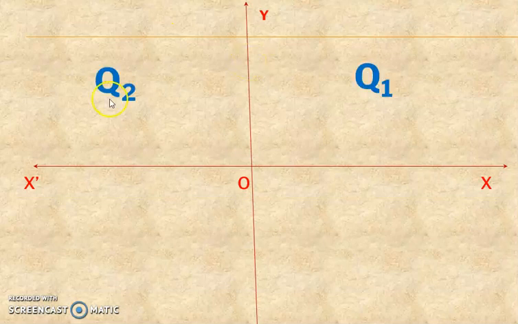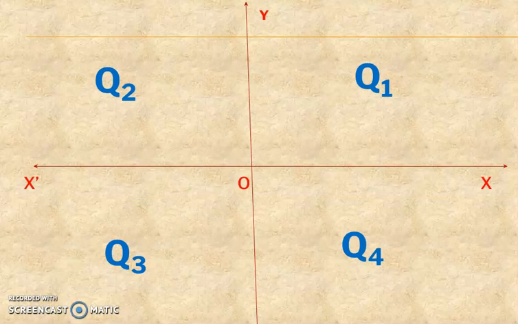Q3 is bottom left and the fourth quadrant is bottom right. So the x-axis and y-axis divide the plane into 4 quadrants and the top right quadrant is the first quadrant. As we move along anti-clockwise direction, we get the remaining quadrants.